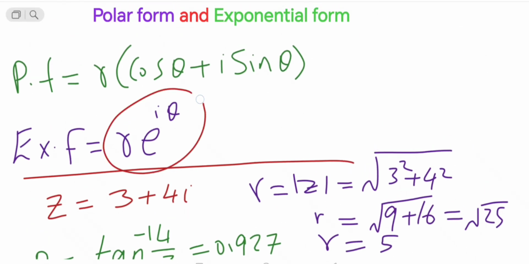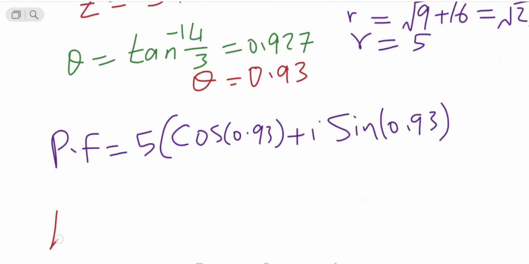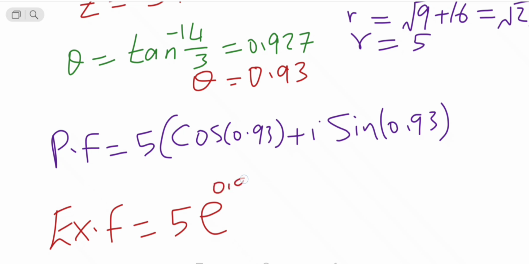Replace r and theta. So exponential form is equal to r, what is r? 5 e power theta, what is theta? 0.93 iota. So this is our answer. So these are the two forms, polar form and exponential form. We can write like that.